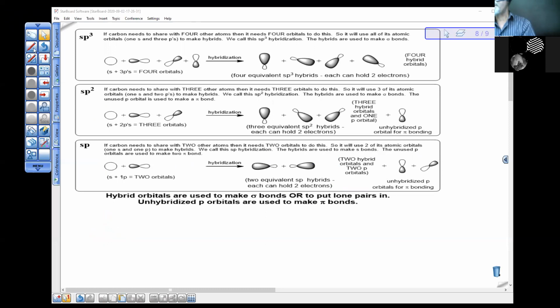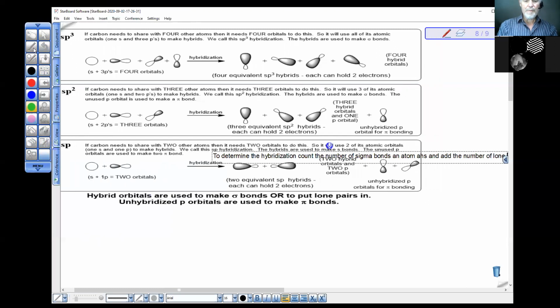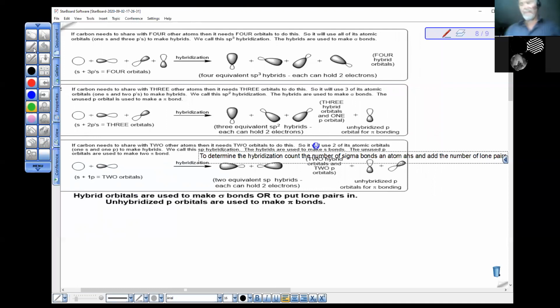So to determine the hybridization, I'm going to write that down: count the number of sigma bonds an atom has and add the number of lone pairs.